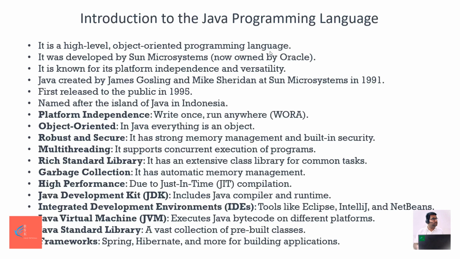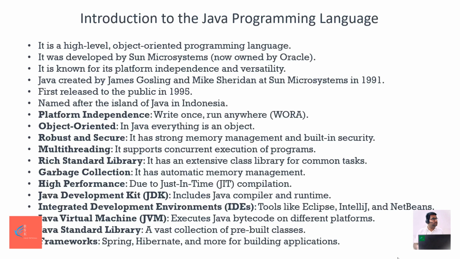It executes Java bytecode on different platforms. So due to JVM, we have this feature that we can write it once and run anywhere. Java has a standard library, a vast collection of pre-built classes. We have very famous frameworks in Java, that is Spring, Spring Boot, Hibernate, and many more for building applications.